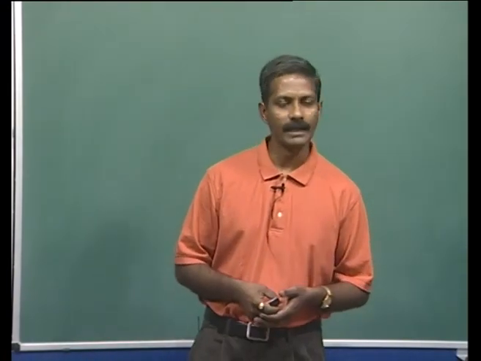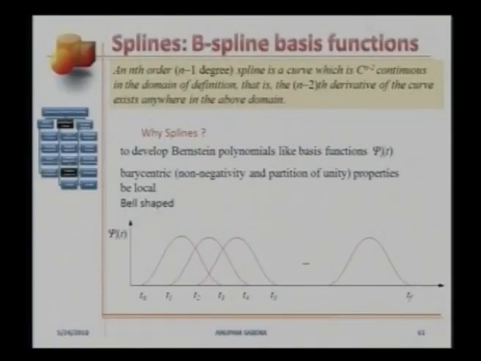to studying splines. By definition, a spline is a curve which is C^(n-2) continuous everywhere, where n is the order of the spline. So if you look at the bottom figure, we wanted to design bell-shaped basis functions, and we called each of them a B-spline basis function.